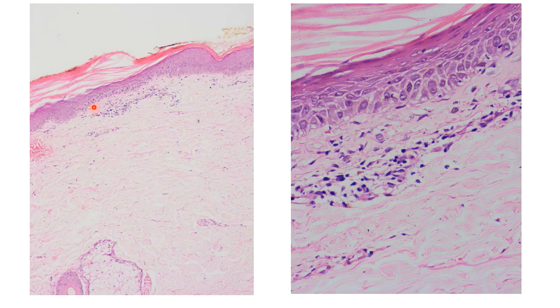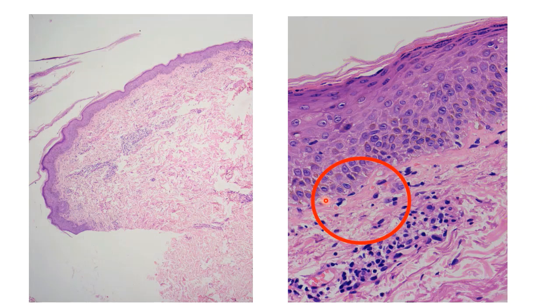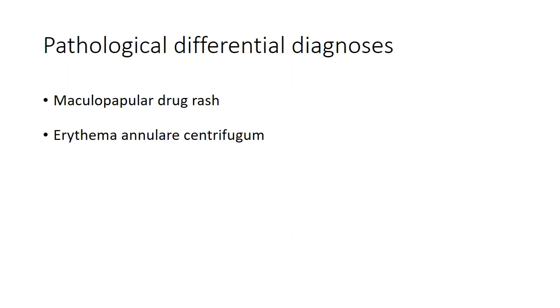In this picture you can see the perivascular inflammation comprising of lymphocytes as well as few histiocytes. And here we can see the upper dermis with extravasated RBCs. So the differential diagnoses are maculopapular drug rash and erythema annulare centrifugum.